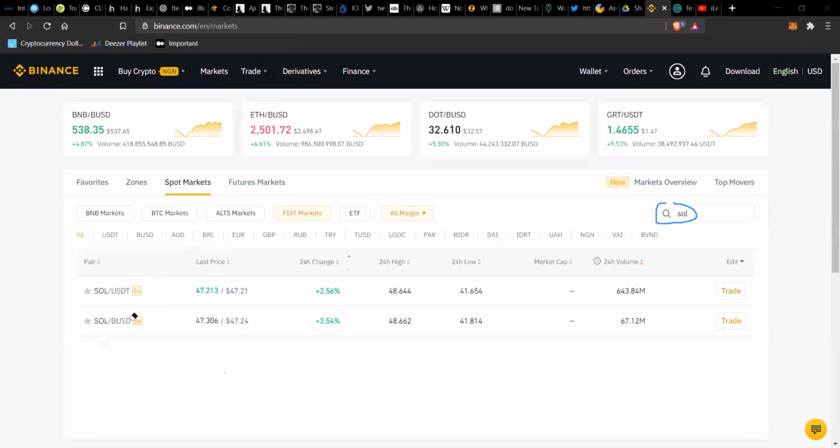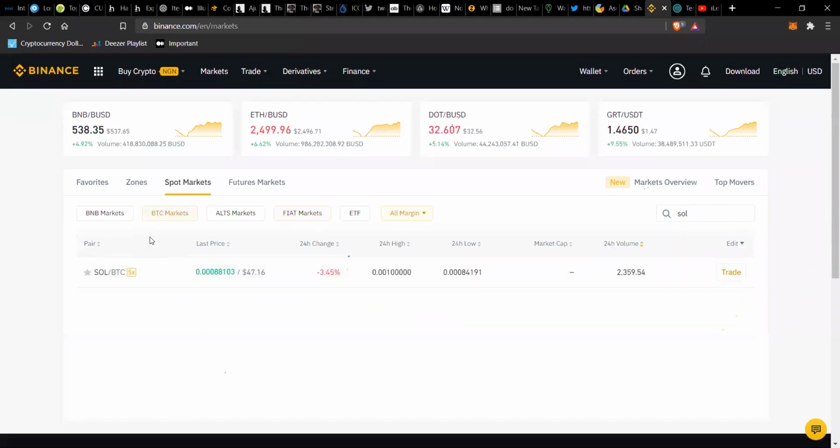So if I have Bitcoin in my wallet, then there is no need for me clicking Solana stroke USDT. It won't work. If I have Bitcoin, this is not paired against Bitcoin. I'll have to check the BTC market. So if you have BTC, you check the BTC pairs, so you know what you can buy with Bitcoin. So you don't make that mistake.